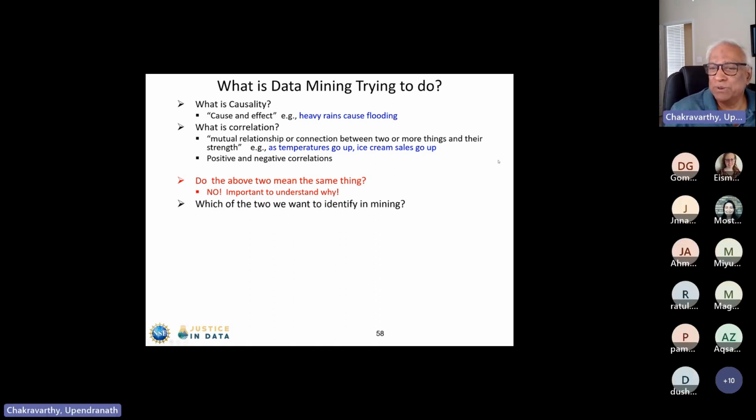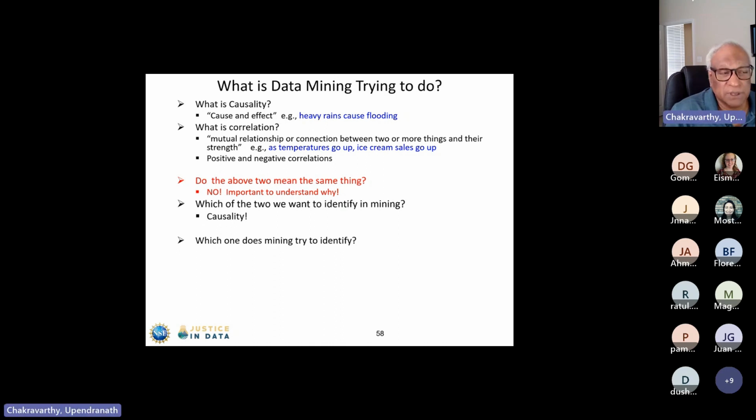So good that you have some good answers. We want to identify causality through mining or for any real life application. We are interested in causality, right? Just because you see flooding doesn't mean you have heavy rain. We want to understand this, but the problem is we don't know how to identify causality in an automated manner.